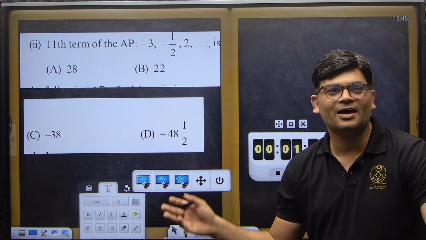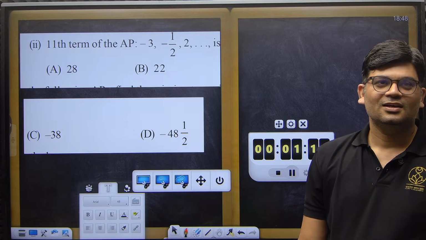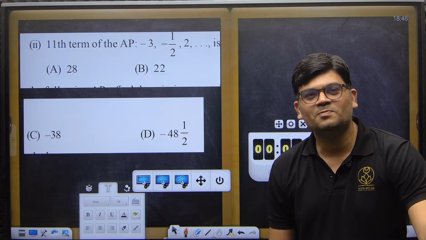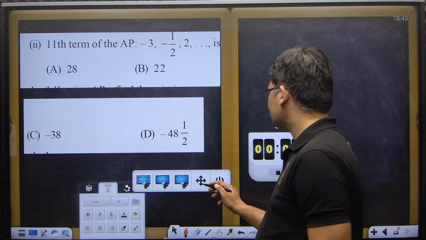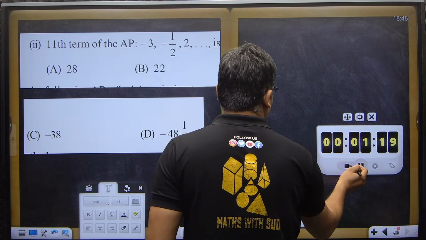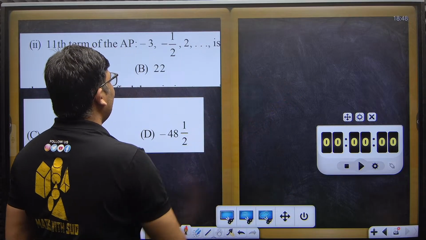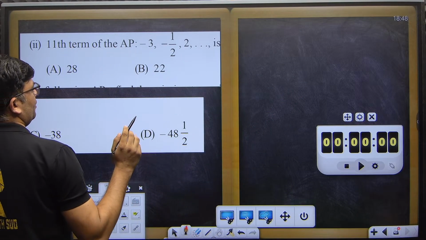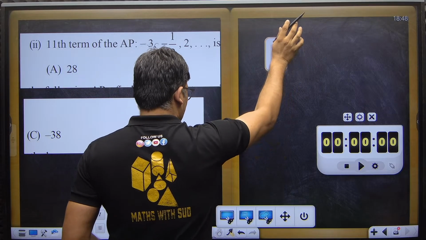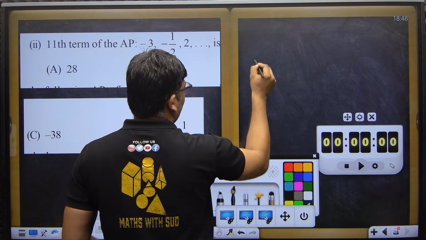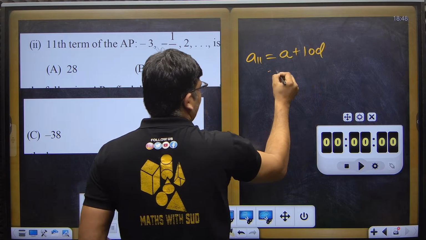Kritik, did you get it? Asad, you are not getting it. Okay, so let us find out. Asad, look carefully, beta. First of all, we need to find the 11th term. So it will be a plus 10d.